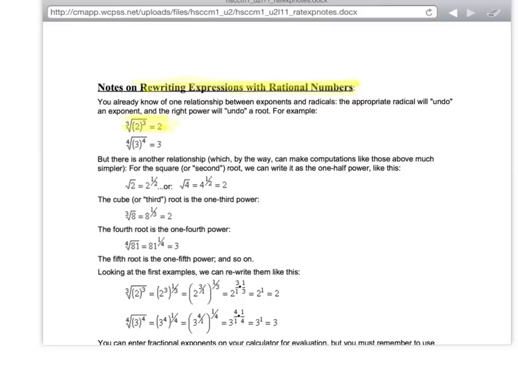And the same thing with 3 to the fourth power. To undo 3 to the fourth power, we would take the fourth root of that number to get 3.